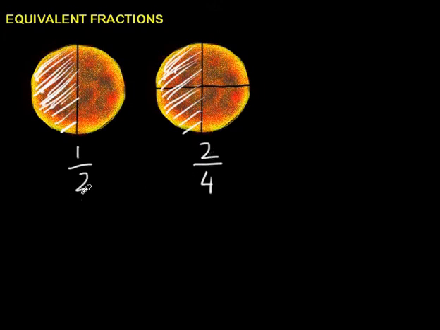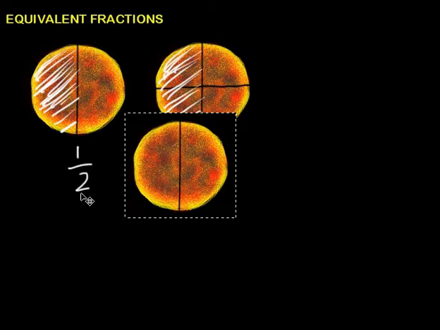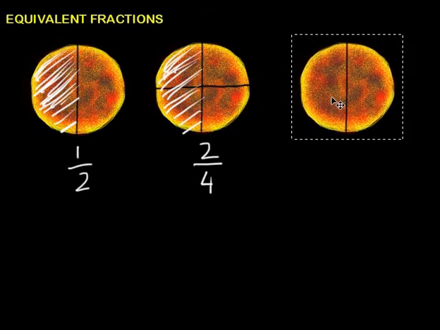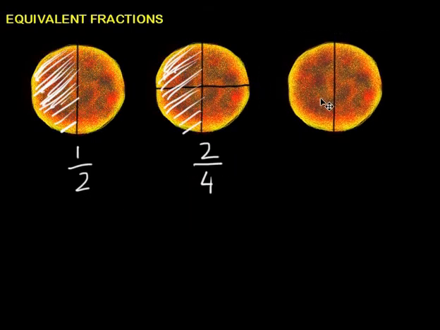Now let's suppose we have a third pizza, and we'll divide it into 8 equal pieces instead of 2 or 4. So I will do my best to divide it equally into 8 pieces. So we'll cut it from here, and then I have another cut here and have another cut here.